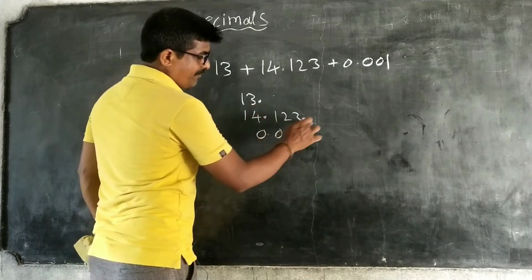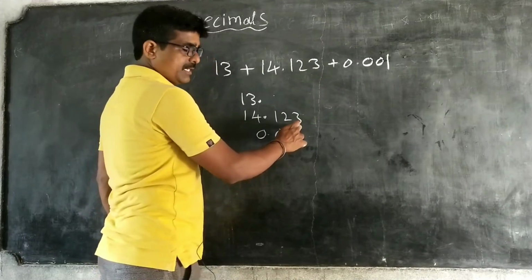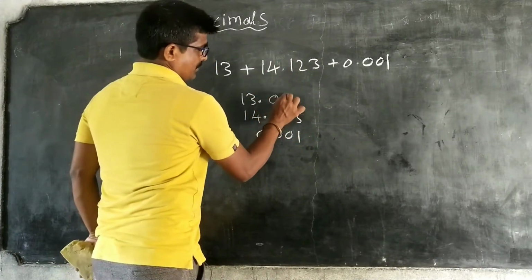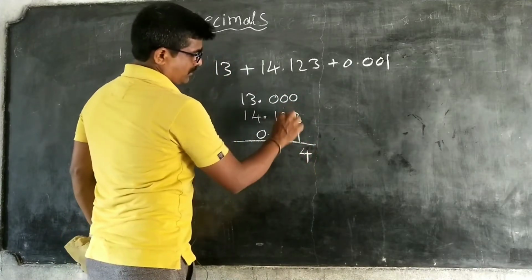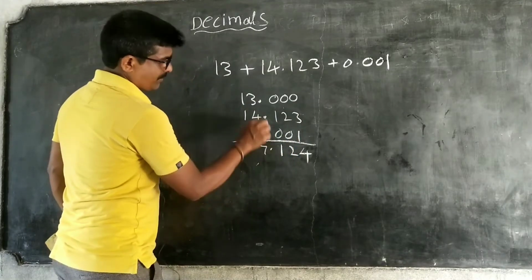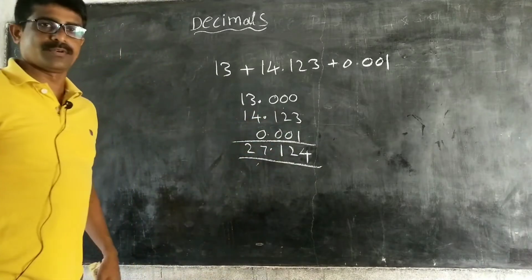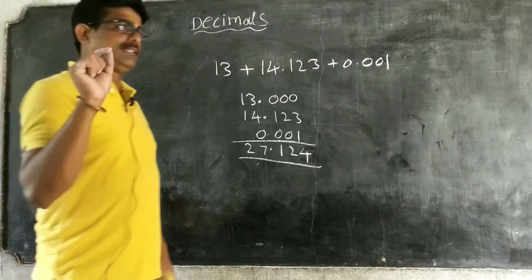Which is the biggest number of digits? Here 3 is the biggest, 3 digits. If I write 4, 5 also, I have to take that number only. So write zeros. 4, 2, 1, 7. 27.124. This is for addition. Even subtraction is the same as this only.